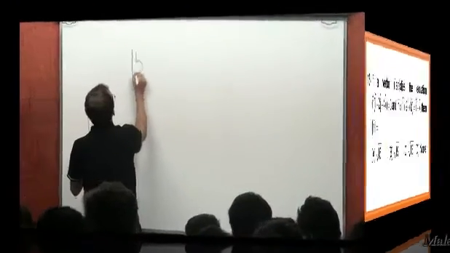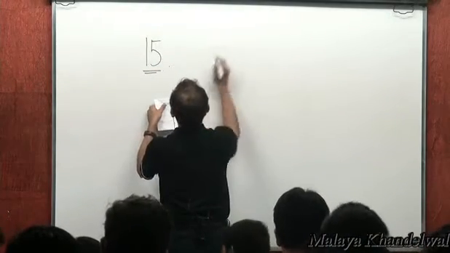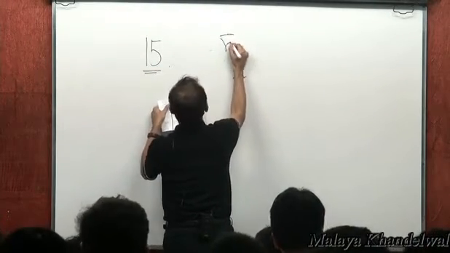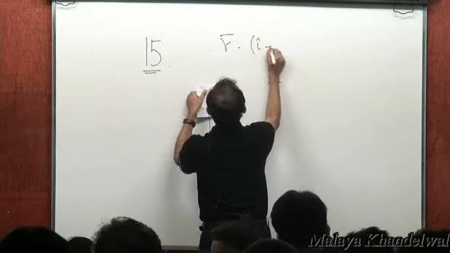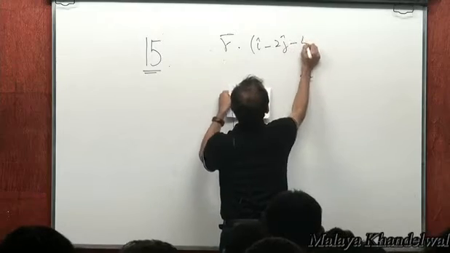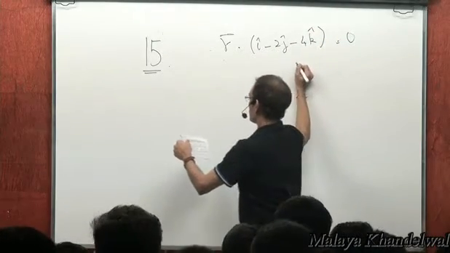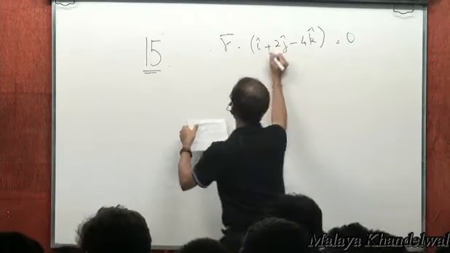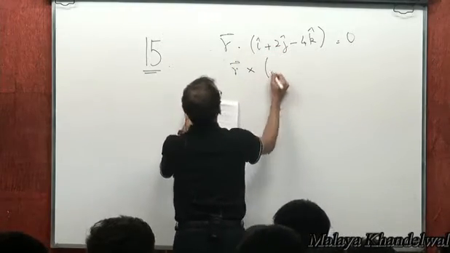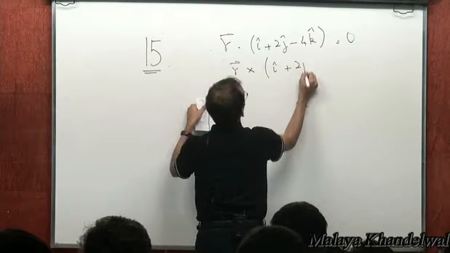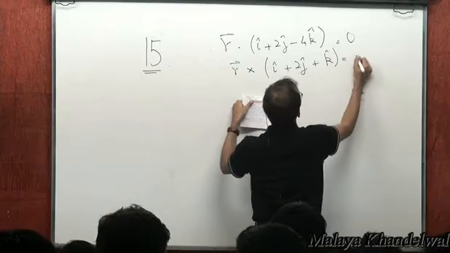Problem 15. We have a vector r such that r dot (i minus 2j minus 4k) equals 0, and r cross (i plus 2j plus k) equals i minus k.